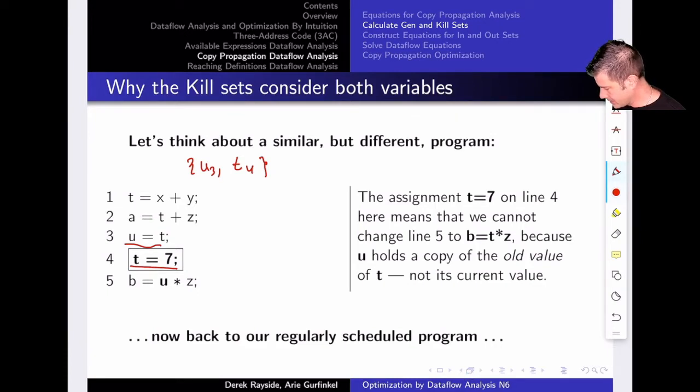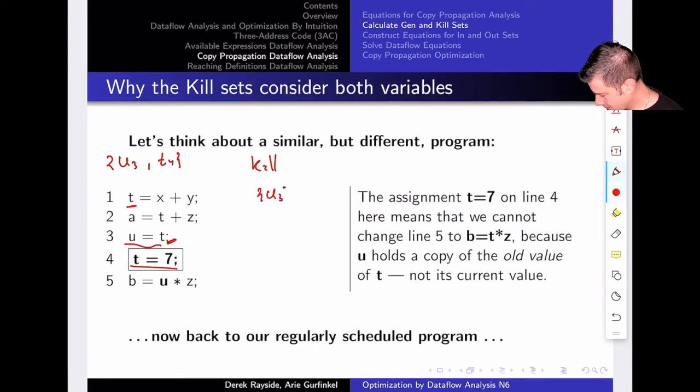Like, if we do kill sets here, let's do it for this example, just so that we can see what they are. So what are the kill sets? We have two data flow facts, as we said, U3 and T4. Here we kill anything that has T on the right-hand side, so the kill set here is U3.